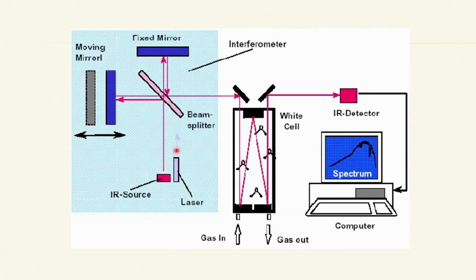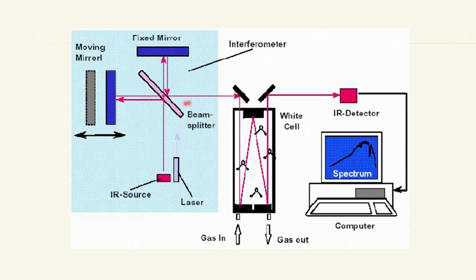Laser is only a reference beam to standardize the IR. Okay. So, that also passes through, and the beam splitter is here, moving mirror this way, fixed mirror, and this is known as the interferometer.